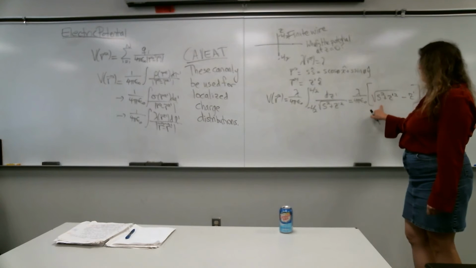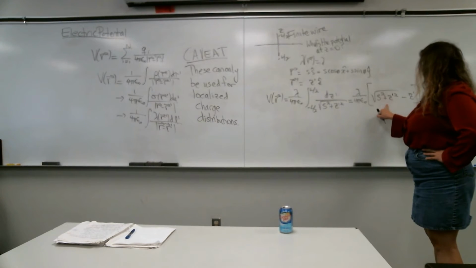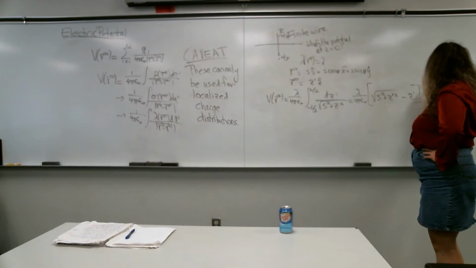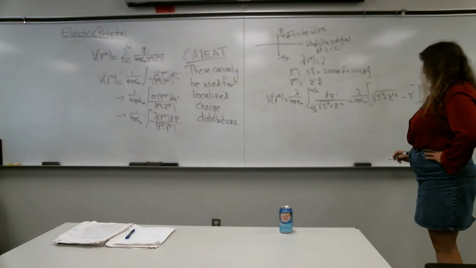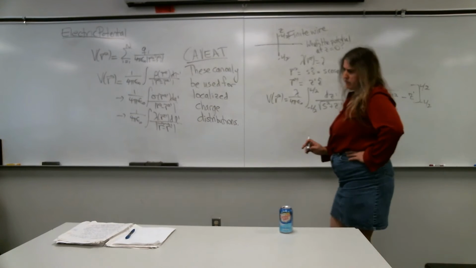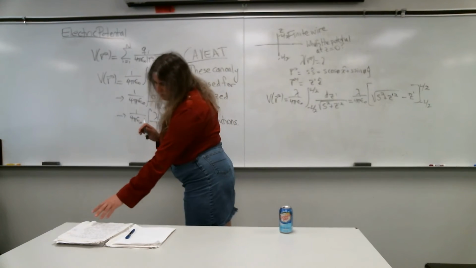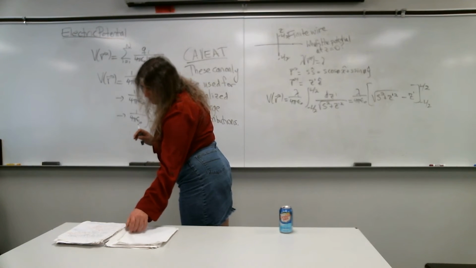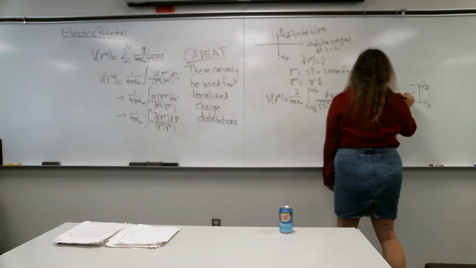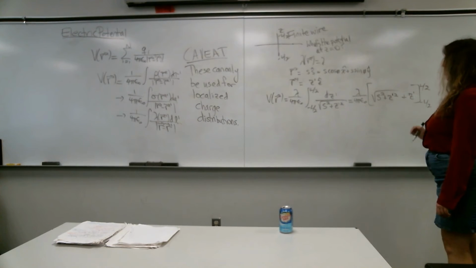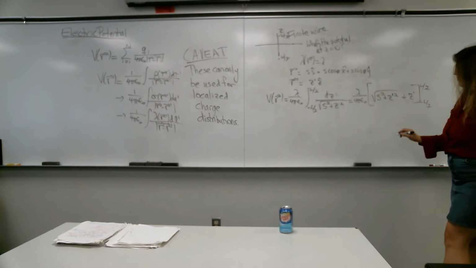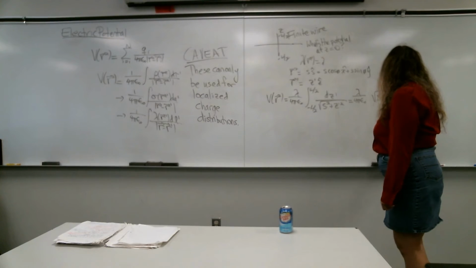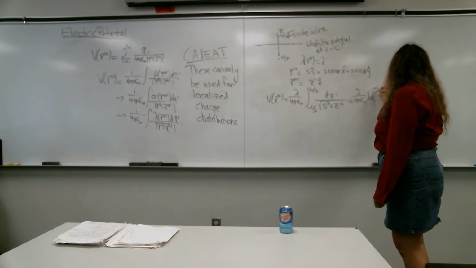And my answer for this is the natural log of the square root of s squared plus z prime squared, plus z prime, and it goes from minus L over 2 to L over 2. And actually that should be a plus sign. And we'll have the natural log out front.